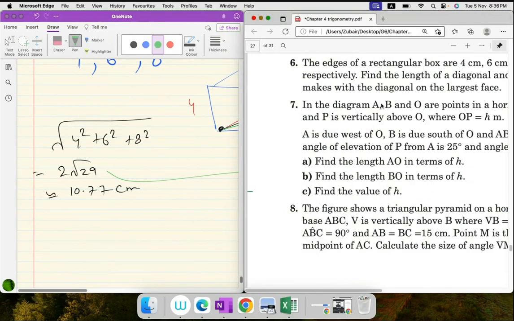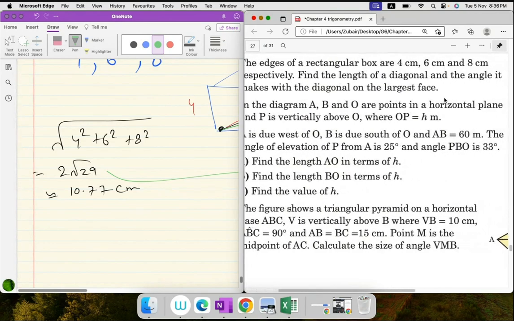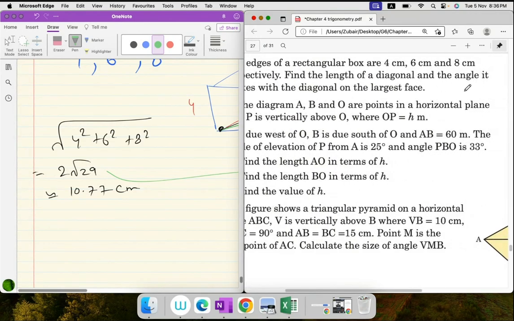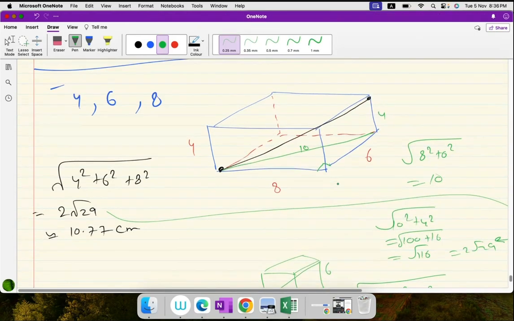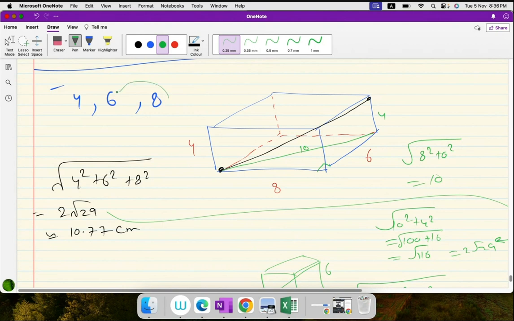The other half of the question was to find the angle the diagonal makes with the diagonal on the largest face. The largest face out of these is going to be the combination of 6 and 8. So this is that angle.